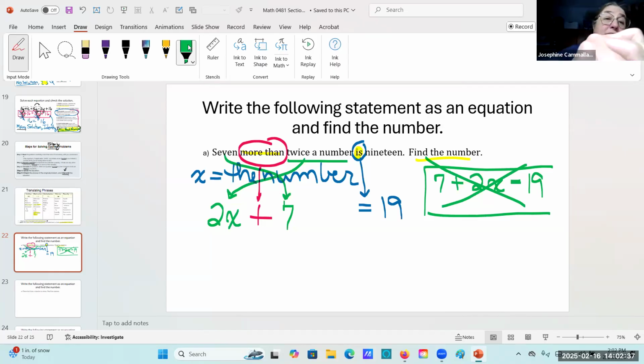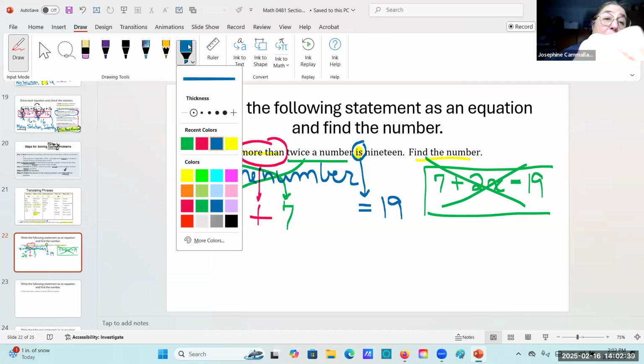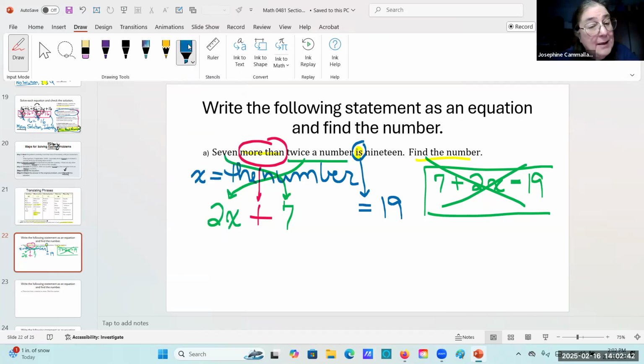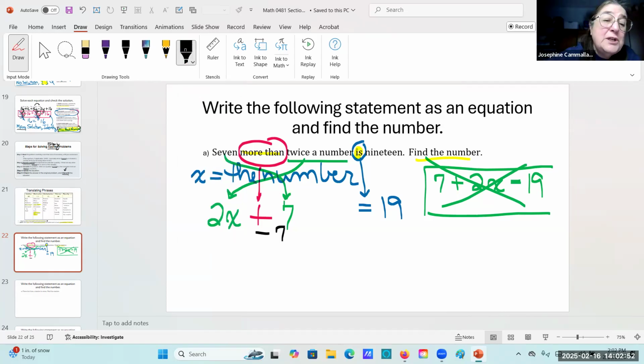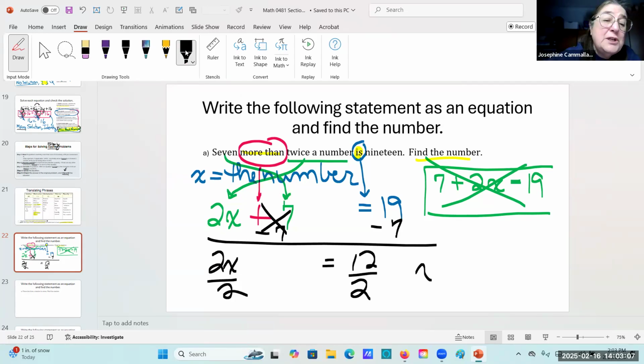And now we're going to do Aunt Sally makes dumplings, which means we're going to subtract 7. Equal to 12, makes dumplings, divide. X is equal to 6. And this is our number.